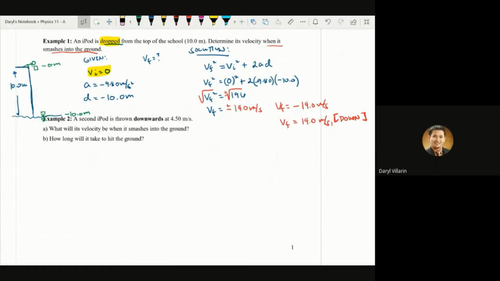Okay, an iPod is thrown downwards at 4.5 meters per second. What will be its velocity when it smashes into the ground? How long will it take for it to hit the ground?